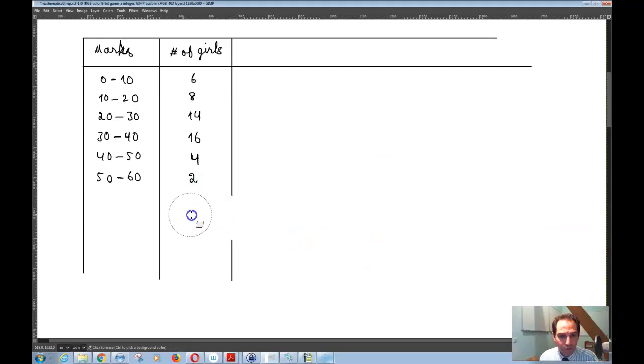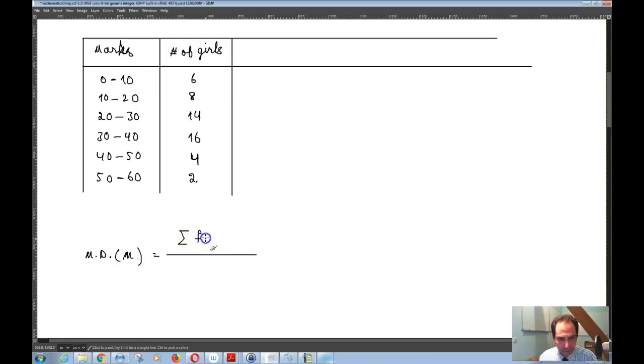And so you want to find the mean deviation about median of this data, which is the same thing as sigma f of i times the absolute value of x of i minus m over sigma f of i, right? So you need to find your median.